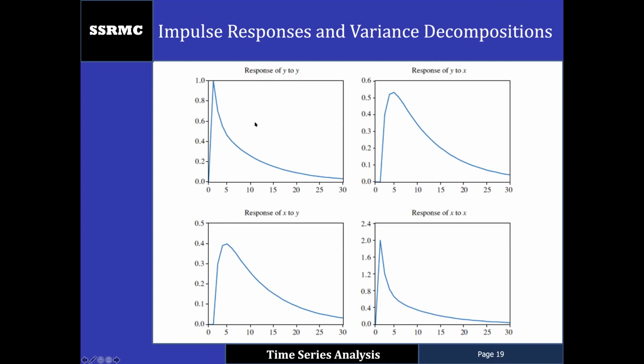So here, for example, that's the response of y to y, based on the first equation, and that's the response of y to x. In other words, if there's a one standard deviation shock in y from y, that is the response of y over 30 periods. The initial response is very big, then it dies off very quickly.